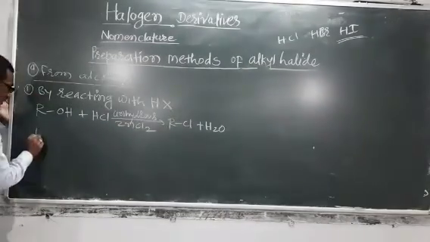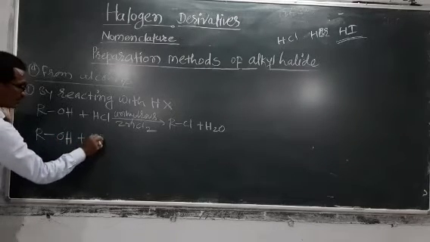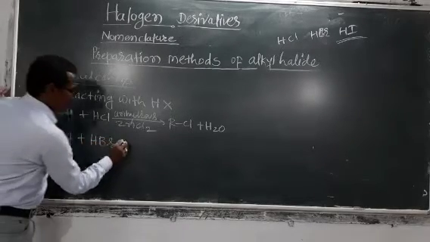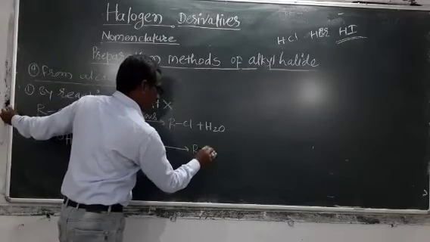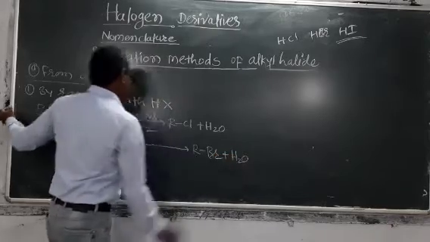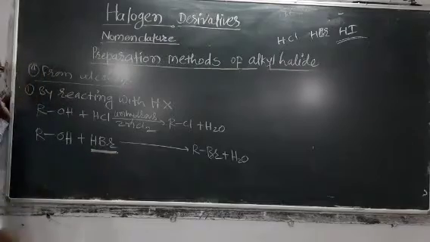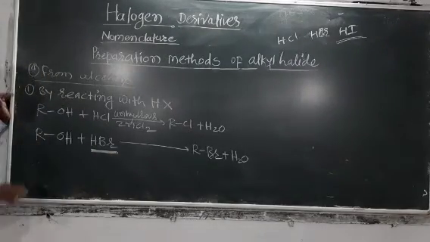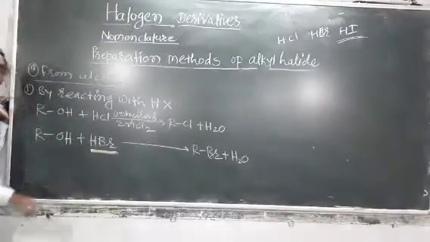Second, when alcohol is reacted with HBr, it will give RBr, meaning alkyl bromide, and water. But we cannot directly take HBr to react with alcohol. We have to prepare this HBr in situ.